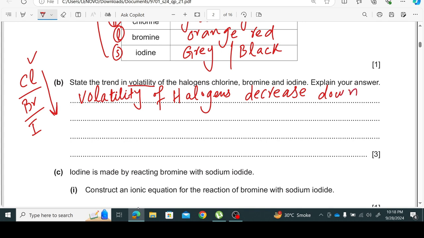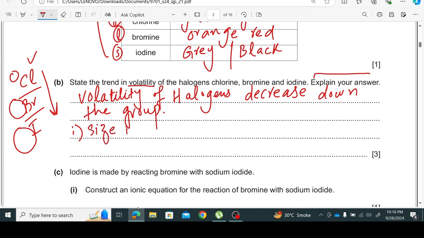Now he is asking to explain your answer. So you have to give reasons why volatility is decreasing down the group. When we move down a group, the size of the atom increases. According to your book, you can say the number of electrons also increases down the group.